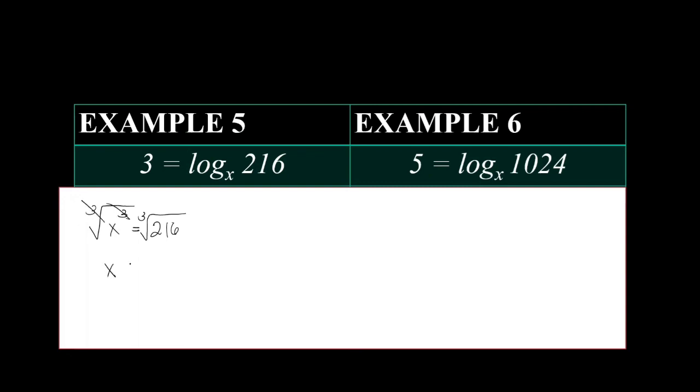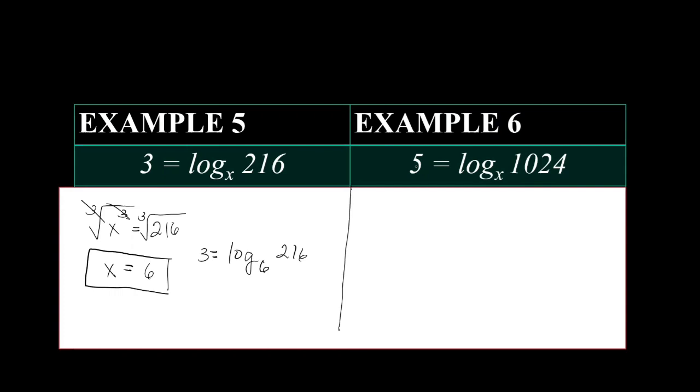So the remaining is x is equal to the cube root of 216. You can try 5 times 5 times 5, that is only 125. Now let's get higher. 6 times 6 times 6 is equal to 216. So the value of x is 6. So this is your base. As we write that, 3 is equal to logarithm of 216 base 6.